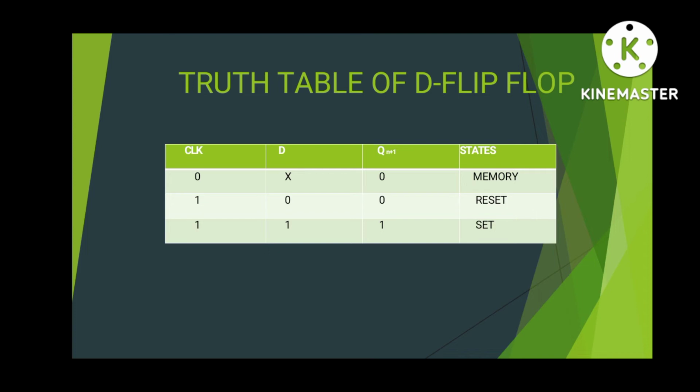When clock equals 1 and input D equals 1, then the final output is also 1, and this state is known as the set state. Now this is all about the truth table of D flip-flop.